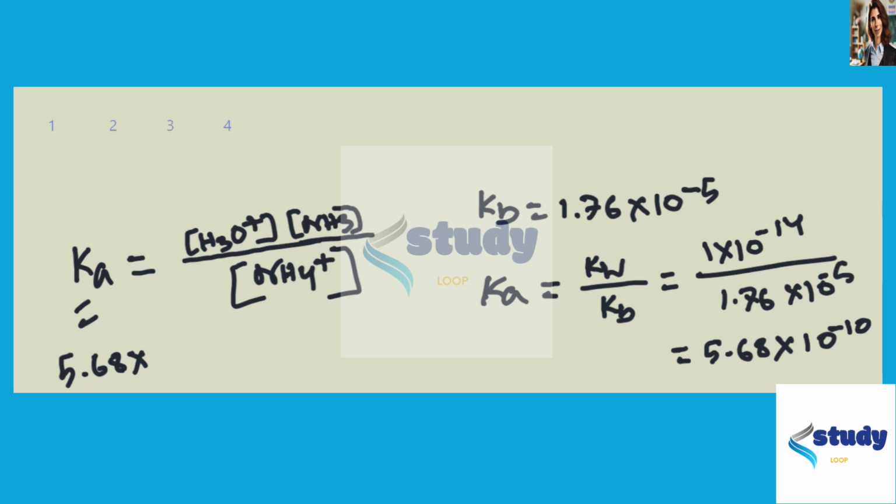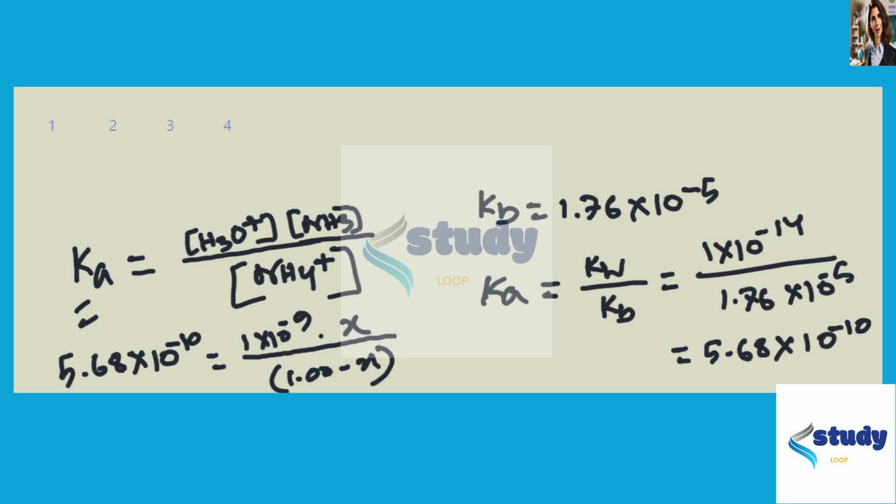So we just put it here: 5.68 times 10 to the power minus 10 is equal to the concentration of H3O+, which is 1 times 10 to the power minus 9, times the NH3 concentration as x, and in the bottom we will have 1 minus x.